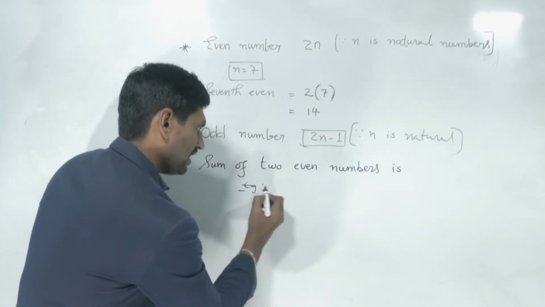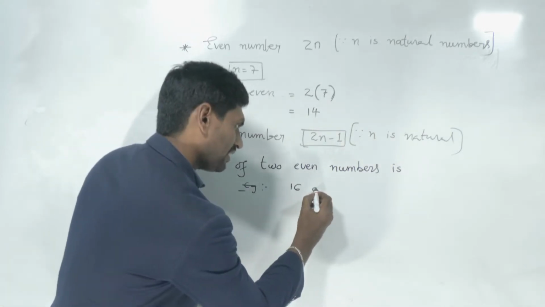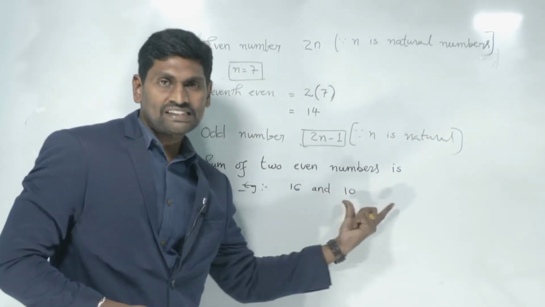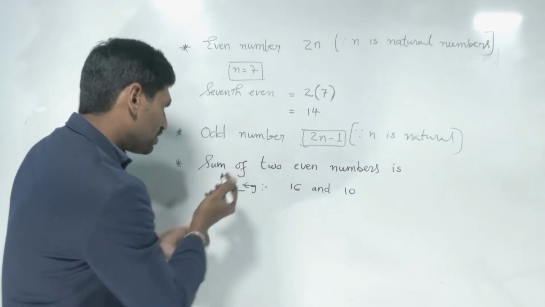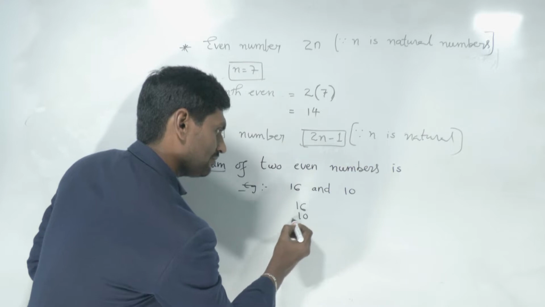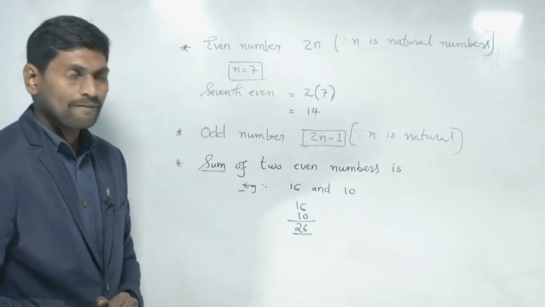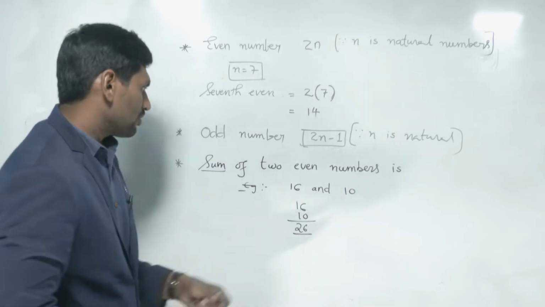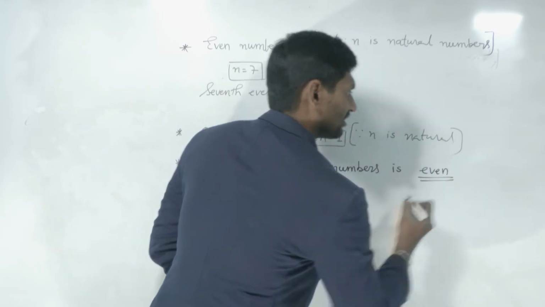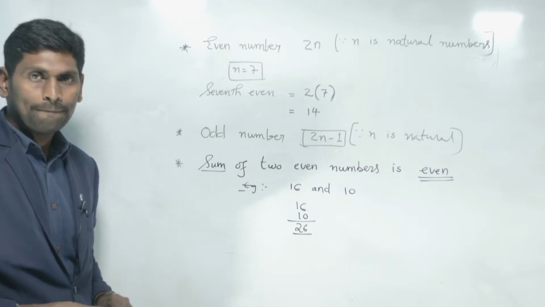Example, I am taking an even number 16, another even number 10. Both are even numbers because both are exactly divisible by 2. Sum means add, addition. So add both of them. What will we get? 26. 26 is even number or odd number? Even number only. So sum of two even numbers is always even.